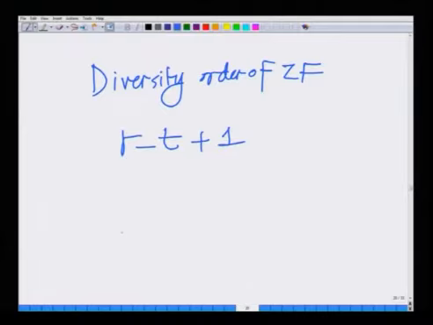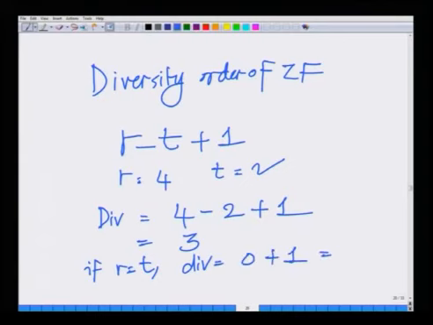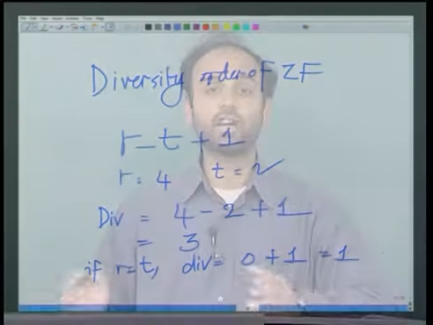Let us say there are 4 receive antennas, R equals 4, T equals 2, diversity equals 4 minus 2 plus 1 equals 3. In fact, if R equals T, the diversity equals 0 plus 1, which is 1. There is no diversity, this is first order diversity, which is the diversity of a Rayleigh flat fading channel.